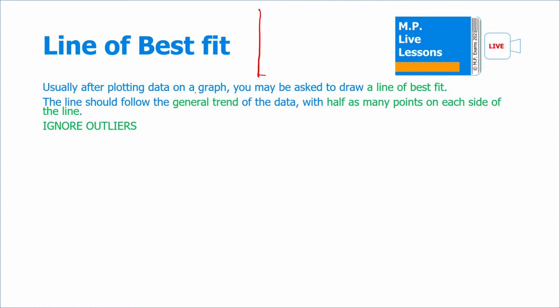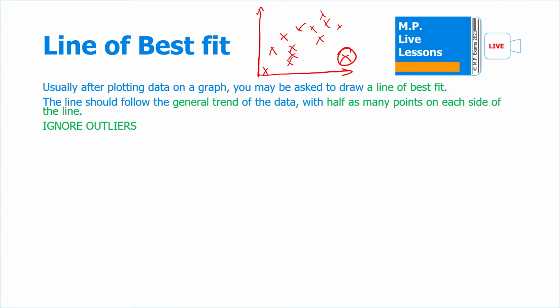So let's say I have a graph like this with random bits of data like this, which seems to be generally going up. And then you get this weird anomalous result here, and you'd circle it usually, and just ignore it.